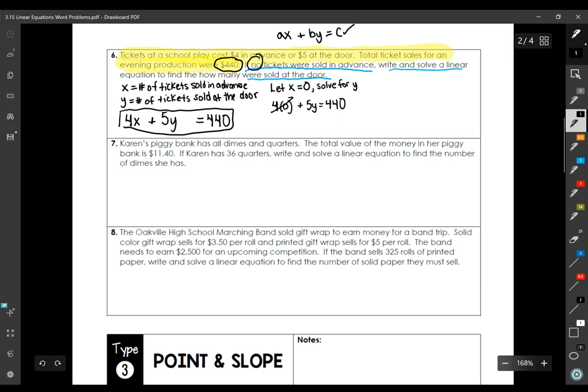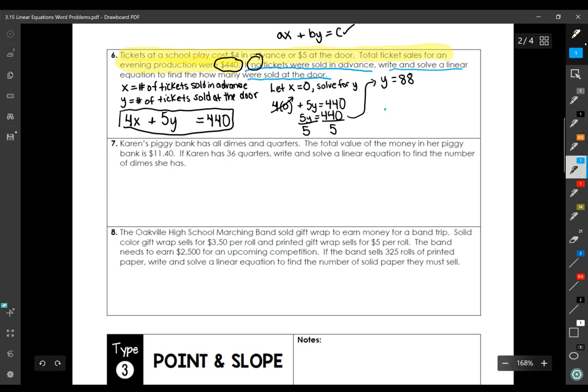Remember, anything times 0 is just 0. So we end up with 5Y is equal to 440, and then dividing both sides by 5, 440 divided by 5, we get 88.